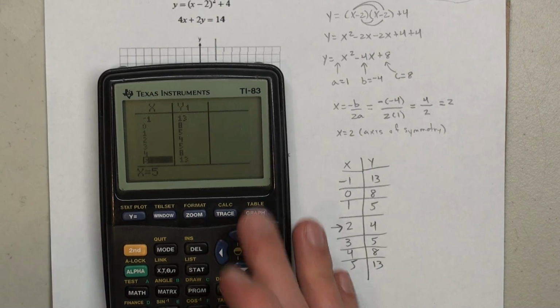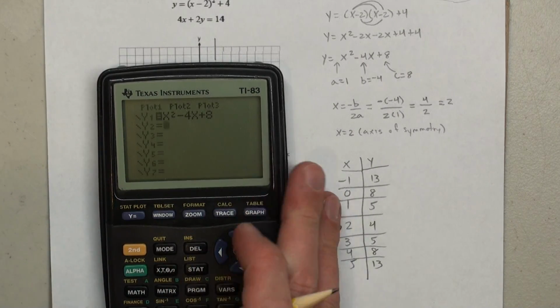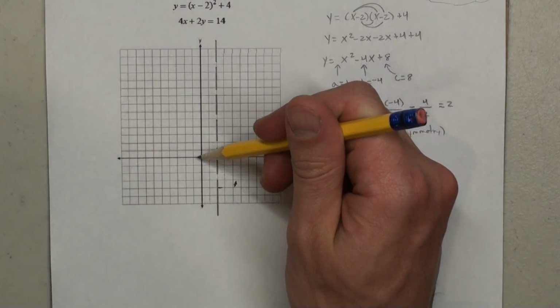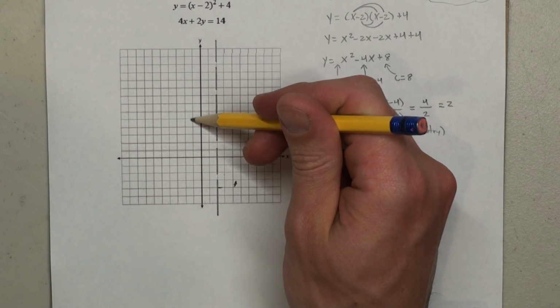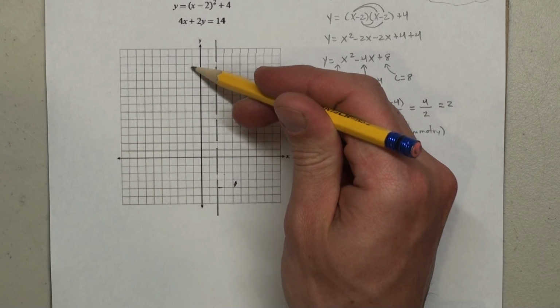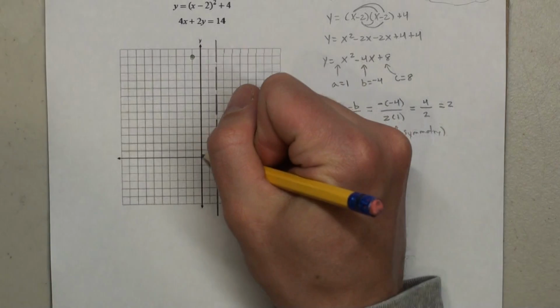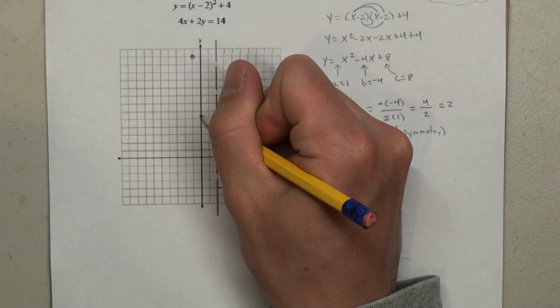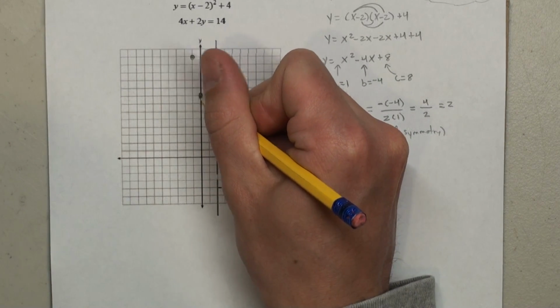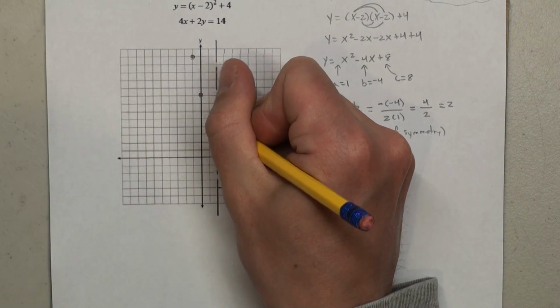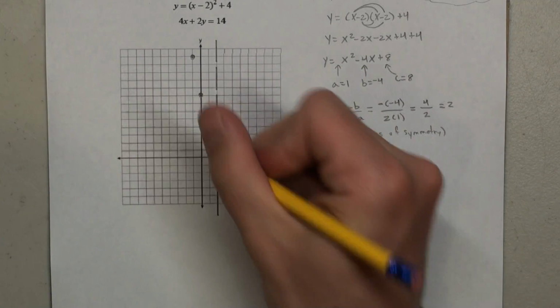So I'm just going to plot that. Negative 1, 13. I don't know if that's going to fit, but it might. Negative 1, 1, 2, 3, 4, 5, 6, 7, 8, 9, 10, 11, 12, 13. 0, 8. 1, 2, 3, 4, 5, 6, 7, 8. 1, 5. 1, 2, 3, 4, 5. 2, 4.